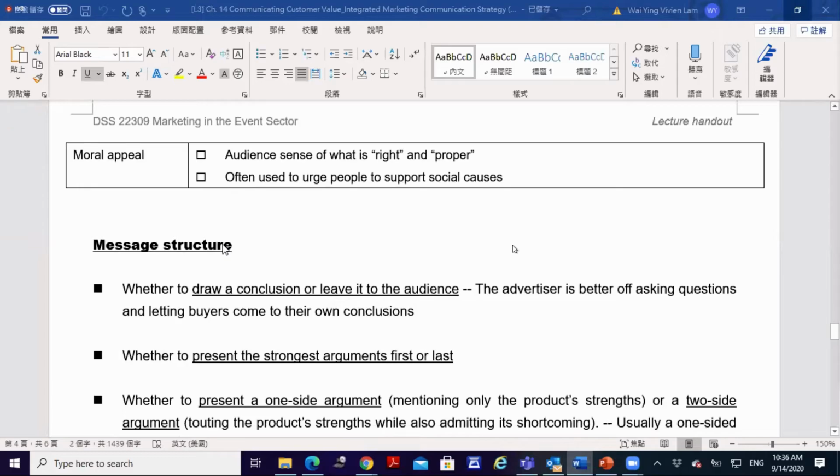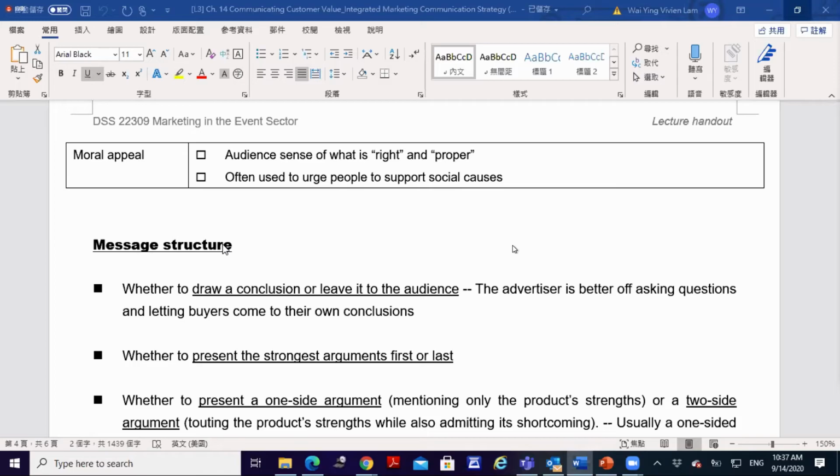Message structure, that is the message itself. When you do advertising, how do you express it? Sometimes you may draw a conclusion or you leave it open, like watching a drama, sometimes I let you guess what the ending is, okay? So you will keep on thinking about that, okay? So you will sustain your awareness.